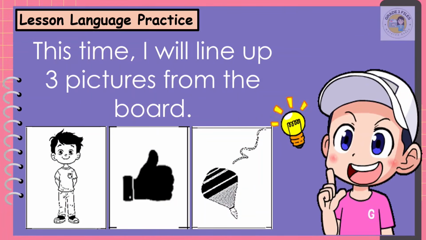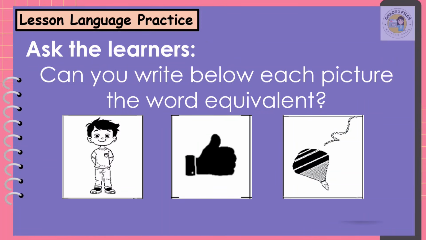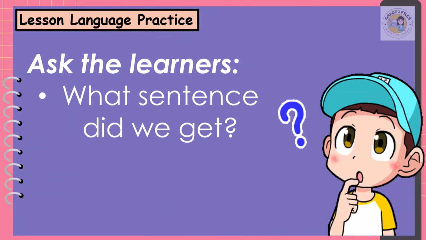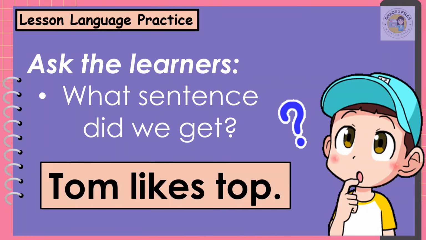This time, I will line up 3 pictures from the board. What sentence did we get? That's right. Tom likes pop.